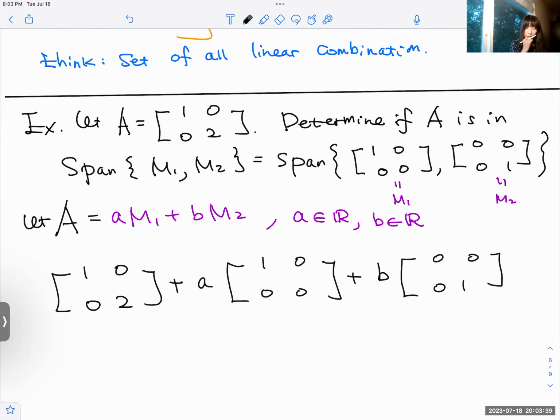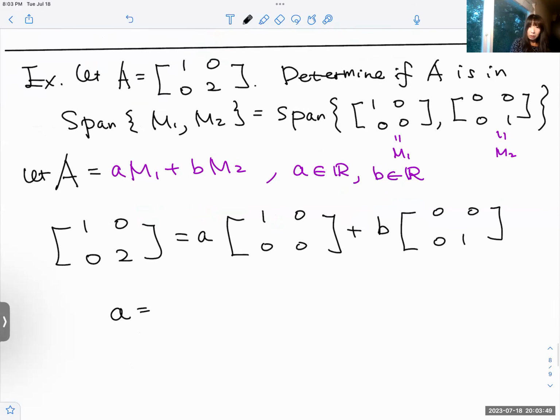Okay. What will a be? So what do you think about a and b? a is 1 and b is 2.